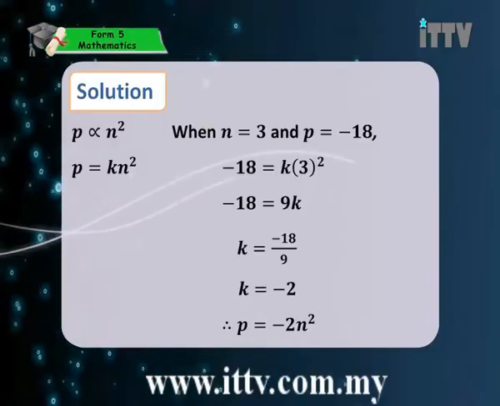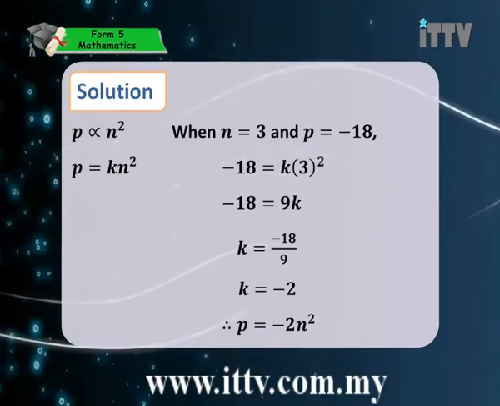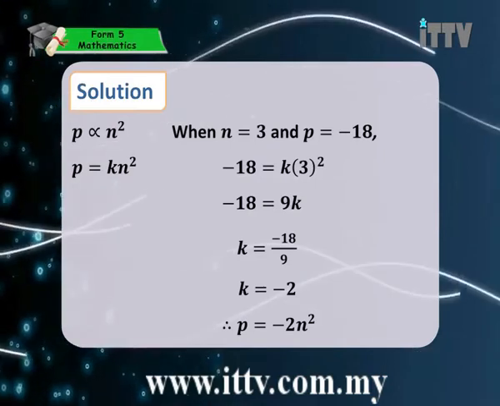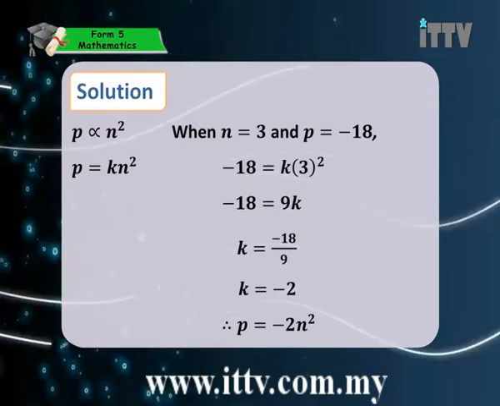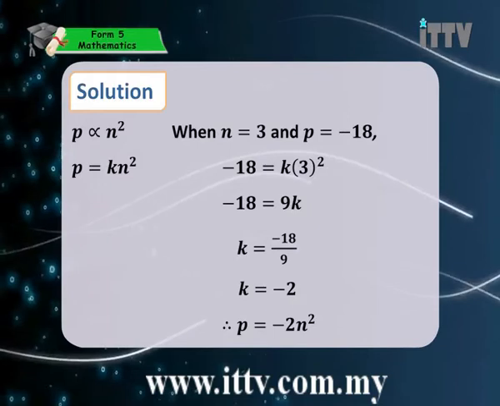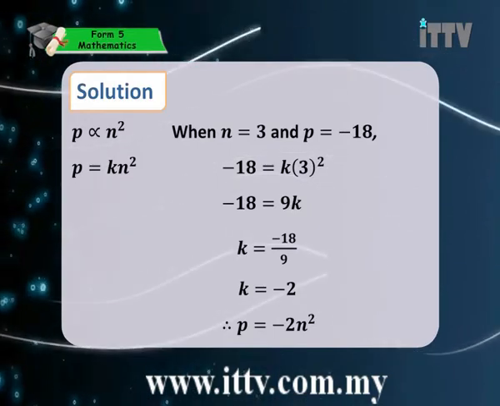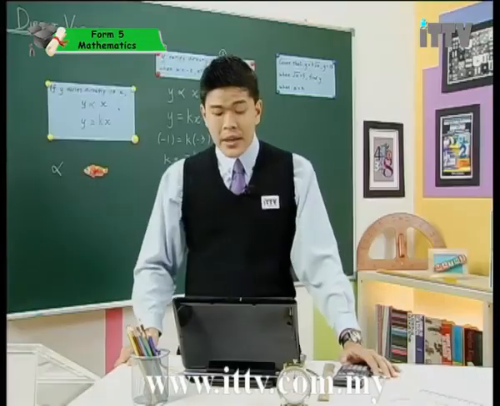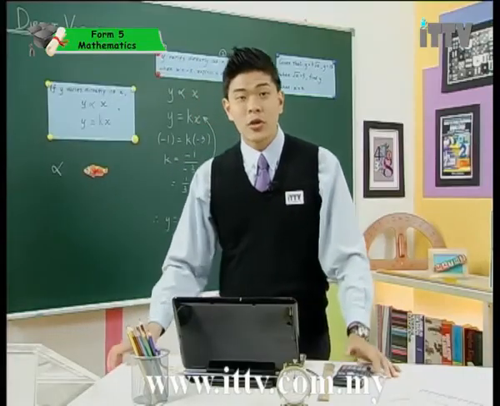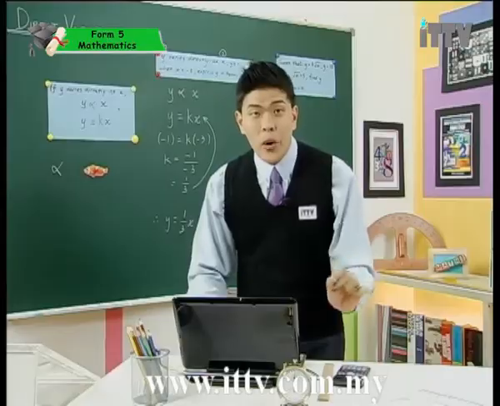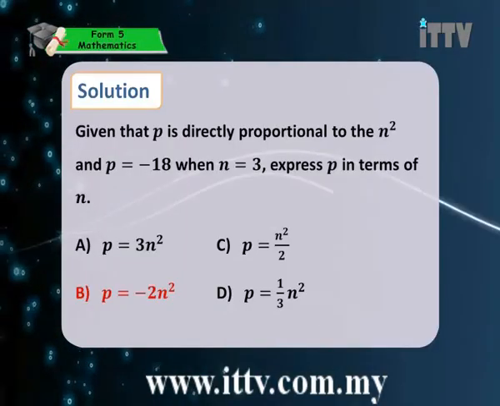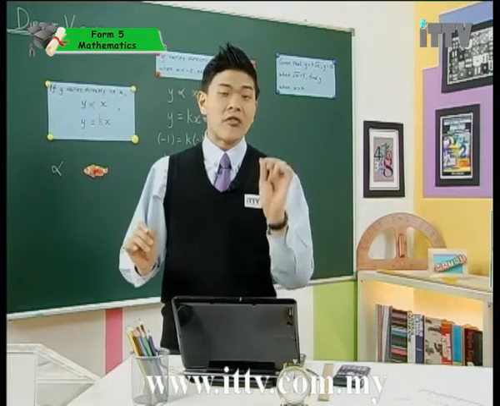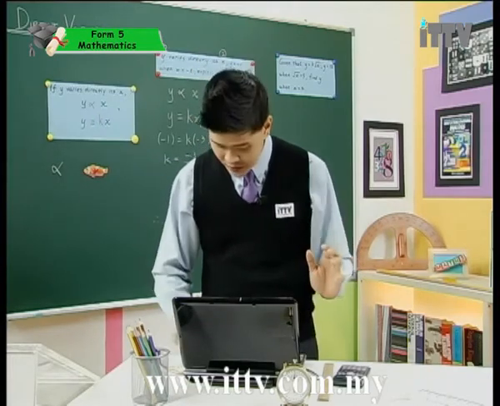When n is 3 and p equals negative 18, negative 18 equals k times 3 squared. Negative 18 equals 9k, k equals negative 18 over 9, k equals negative 2, and therefore p equals negative 2n squared. Your answer should be B. So remember the steps, especially involving direct variation.